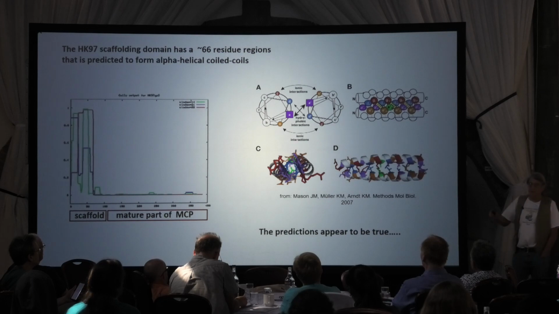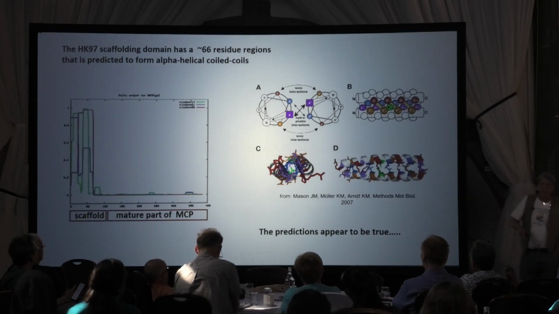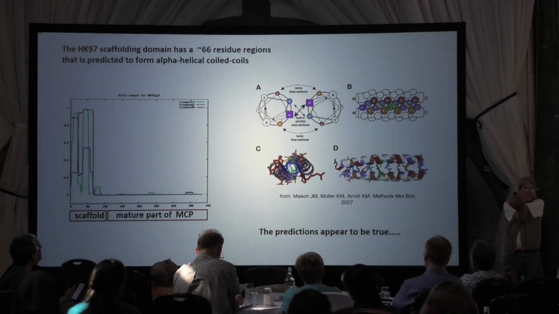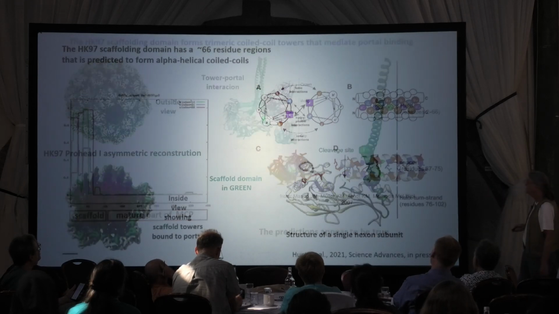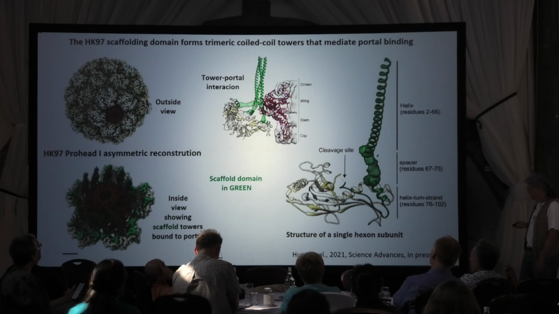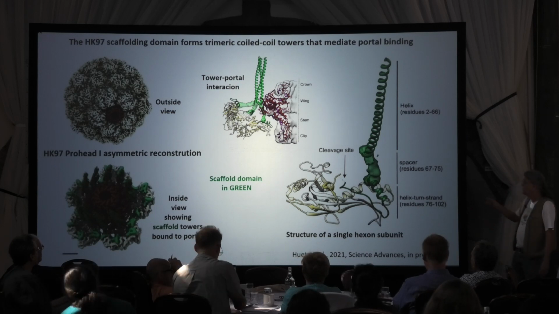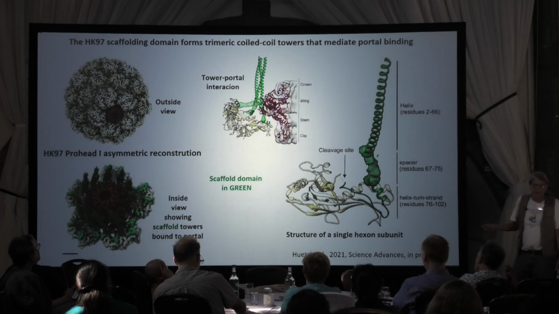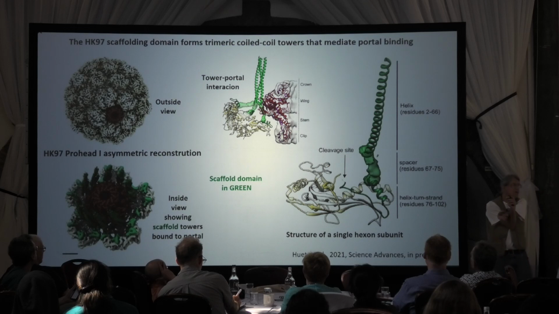The 7 residues in the alpha helical repeat, the A and D residues, are hydrophobic in coiled coils, and so it's easy to recognize how they're going to come together and whether they'll have a propensity for that. And so indeed, in it having been predicted to be alpha helical and coiled, as Alexis showed you, at least in the scaffolding domains that are binding to the portal, you see 3-stranded alpha helical coiled towers.